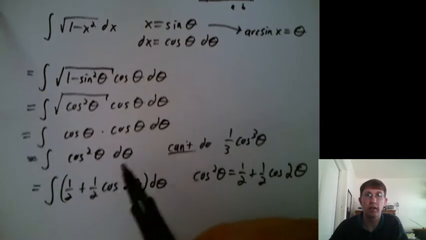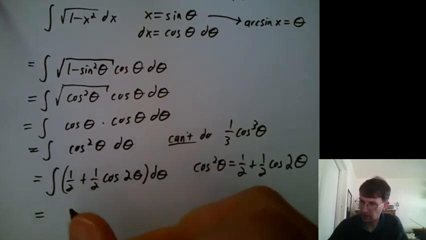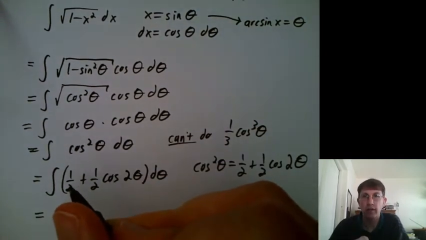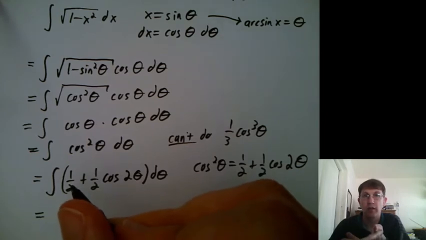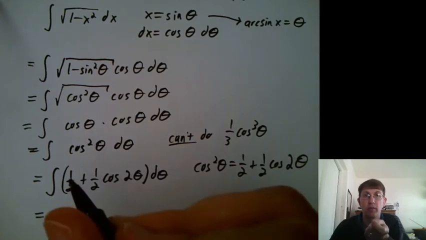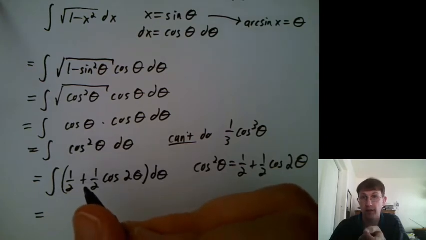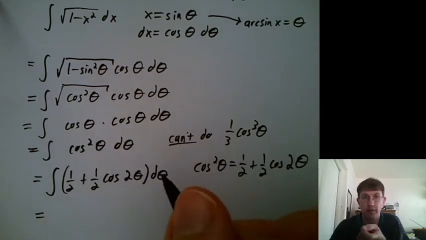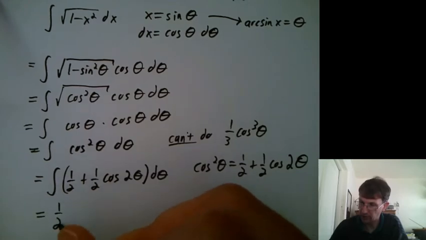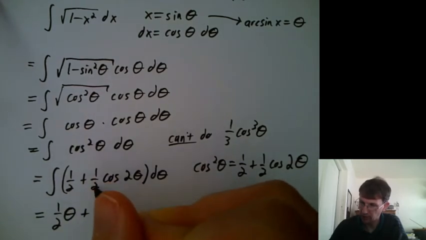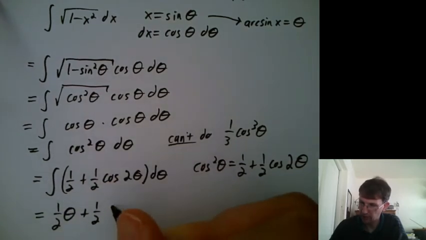And now can we integrate this? It's not so bad. What's the integral of 1/2 dx? That would be 1/2 x. But this isn't dx, it's d theta, so we'd get a 1/2 theta. We'll copy this 1/2. Then what's the integral of cosine?